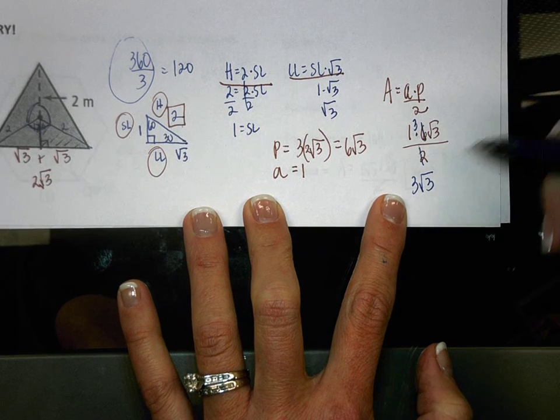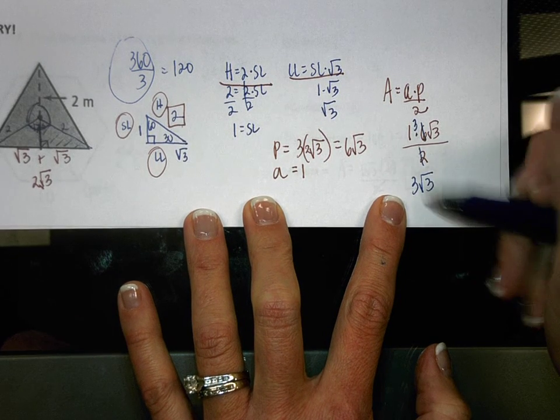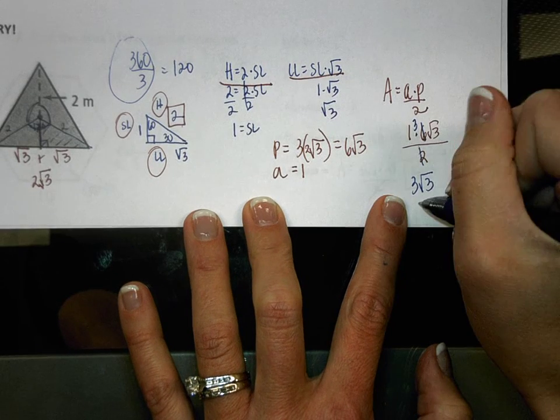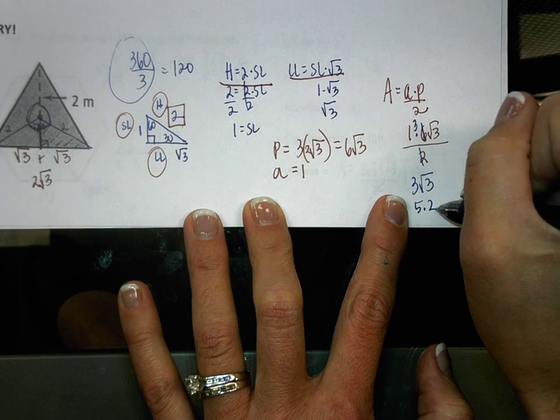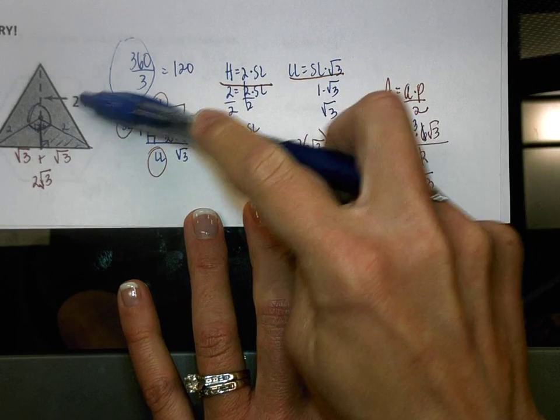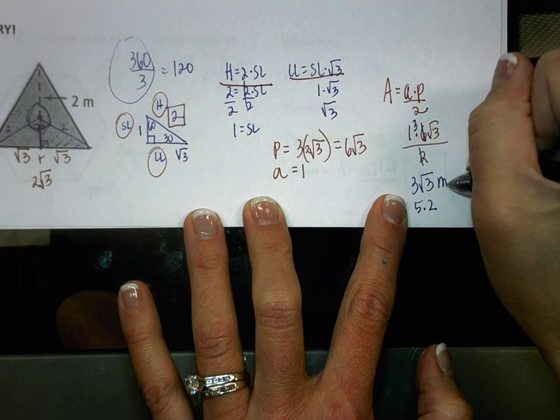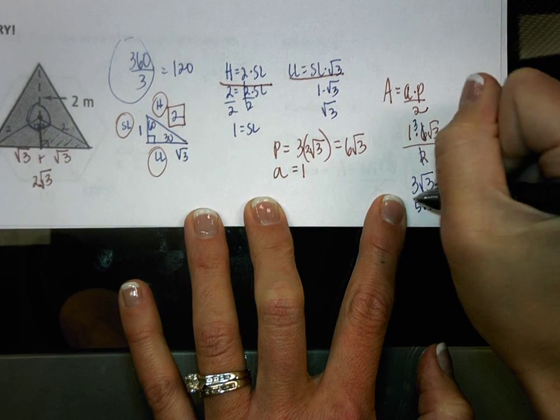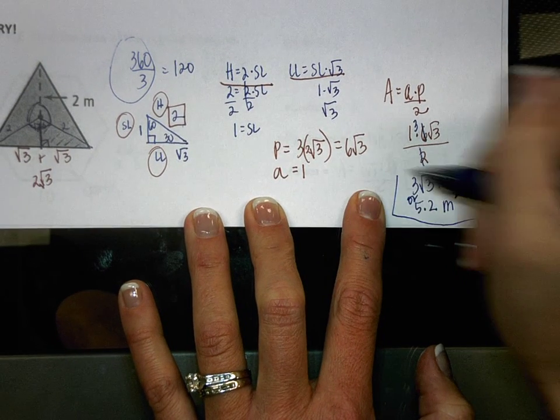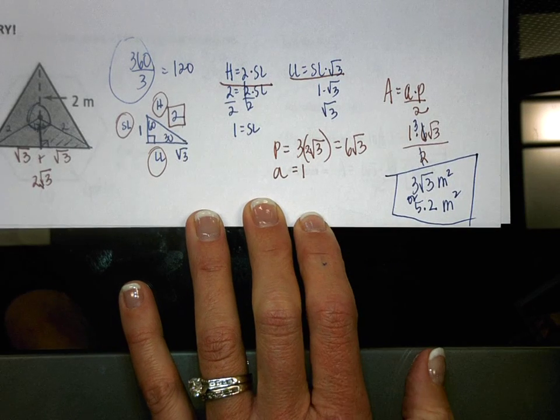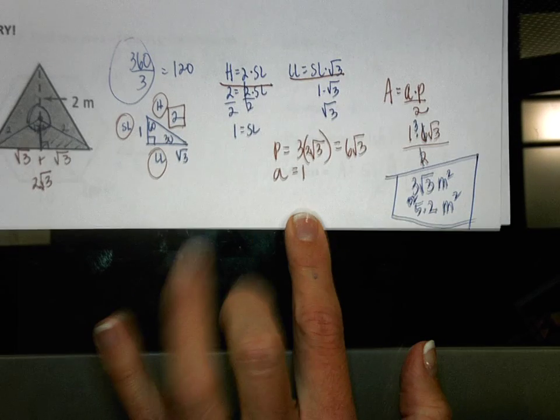If you were to type this in your calculator and go 3 times root 3, you get 5.2. And on this one, they told us that they were meters, and so these are meters squared. Okay? So either one of these answers is good, and anytime you have units, you want to make sure you add that to your answer.